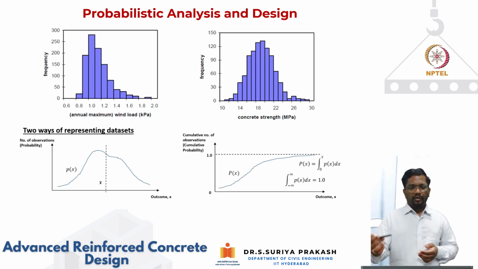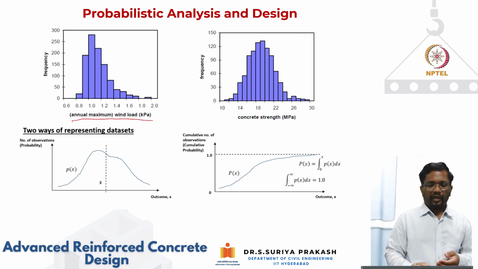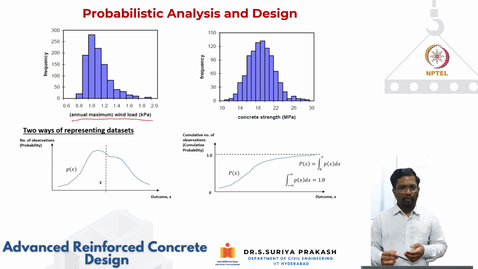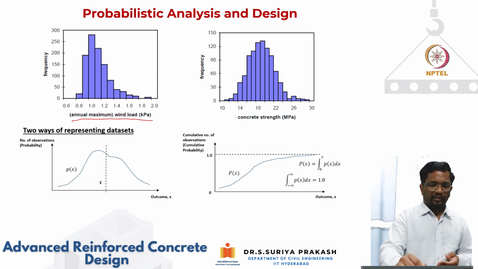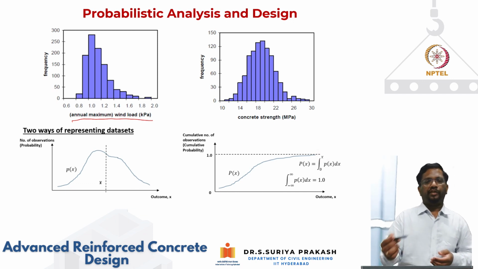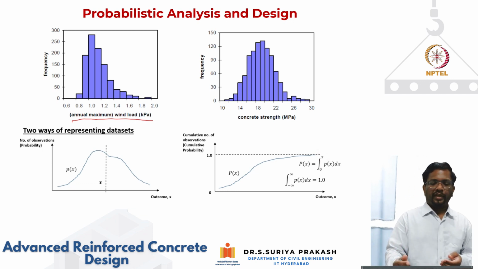Just to highlight again, this is the annual maximum wind load in kilopascal, given on the x-axis, and on the y-axis we have the frequency of occurrences, how many times this wind load has occurred.